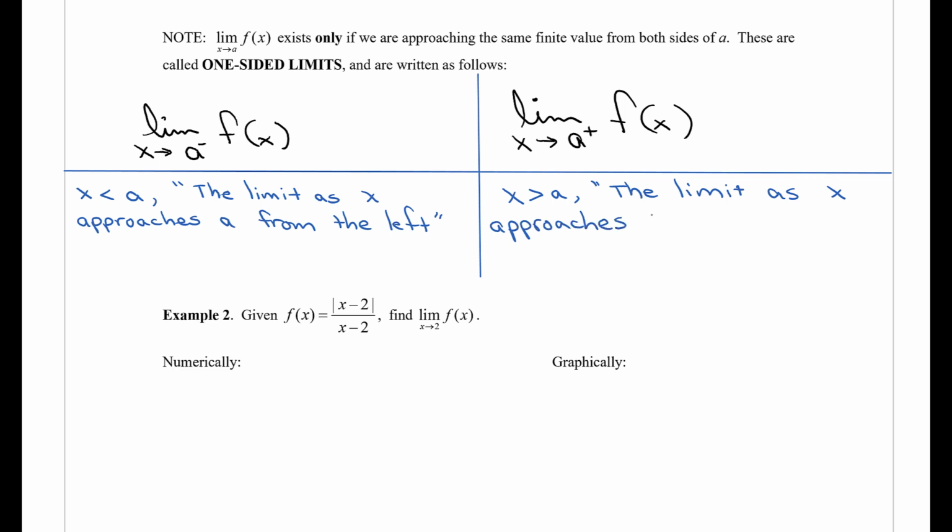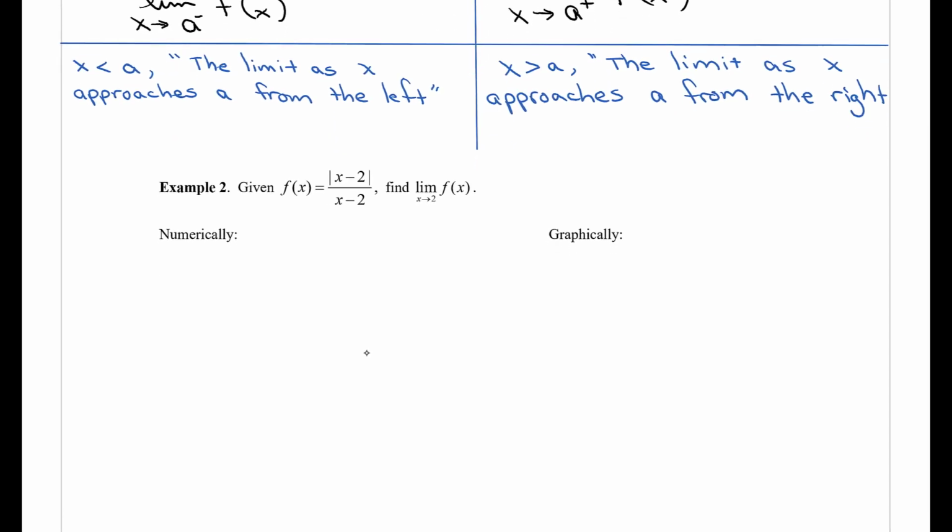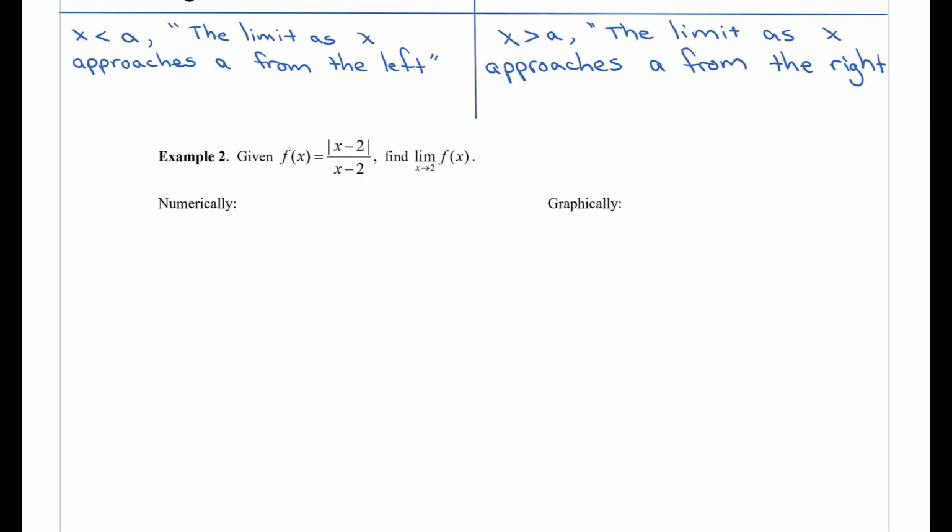And in quotation marks, I'm going to write the limit as x approaches a from the right. In order to represent this, where you have a in the limit, it's going to look like a superscript of a little plus sign, in the upper right-hand side next to that a.